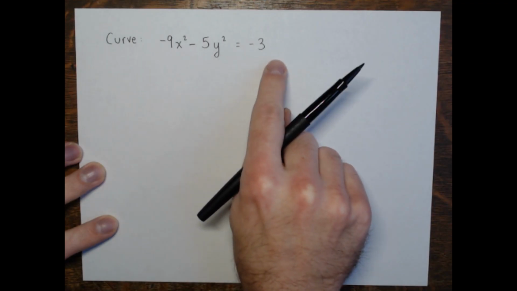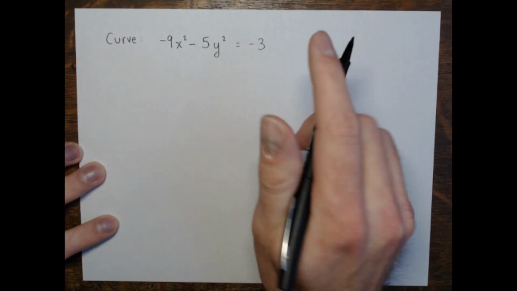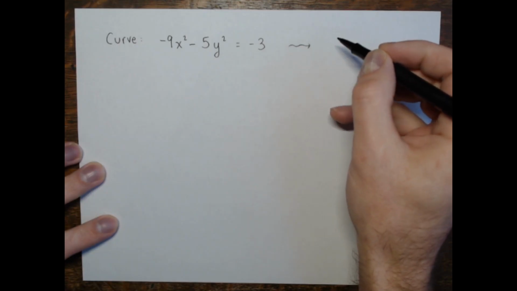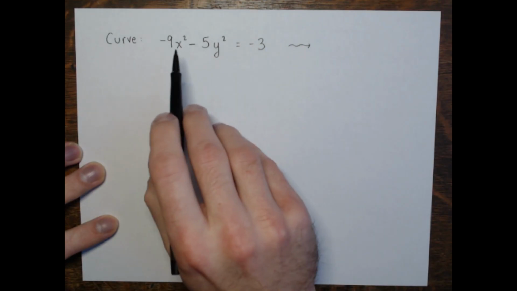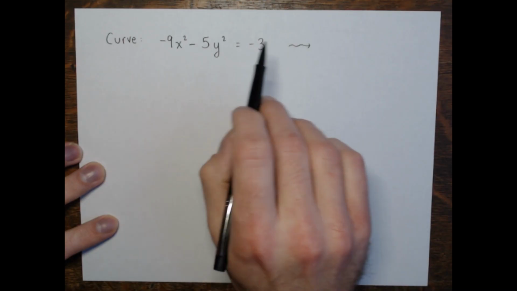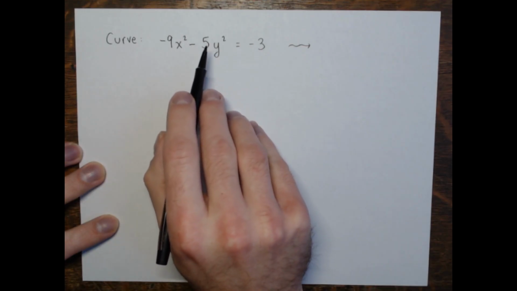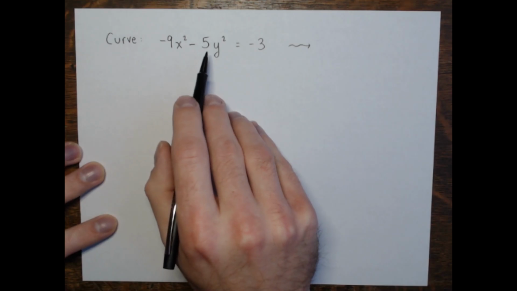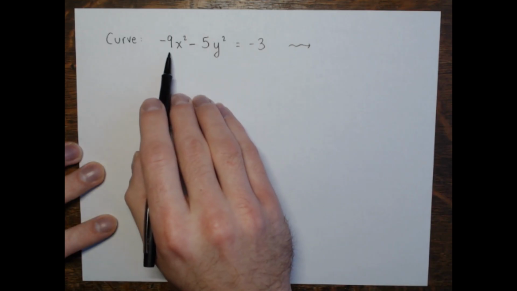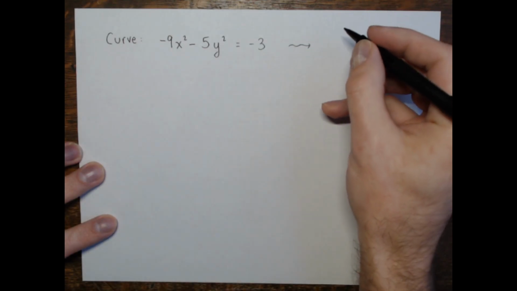Now you can probably tell that the graph of this curve would be an ellipse. What I'm about to do, you don't have to do. I'm just going to put this in a standard form for an ellipse. If you've taken a pre-calculus or algebra course where they talked about the conic sections, you might recognize this if I divided everything here by -3.